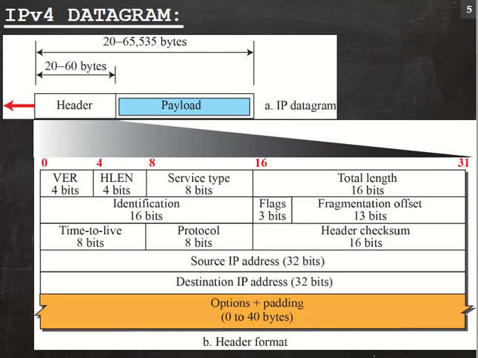As we know, the header will be added in this particular field. One might think why the total length field is required here. When the frame arrives at the destination, the header will be removed and only the data, the payload, will be retrieved.